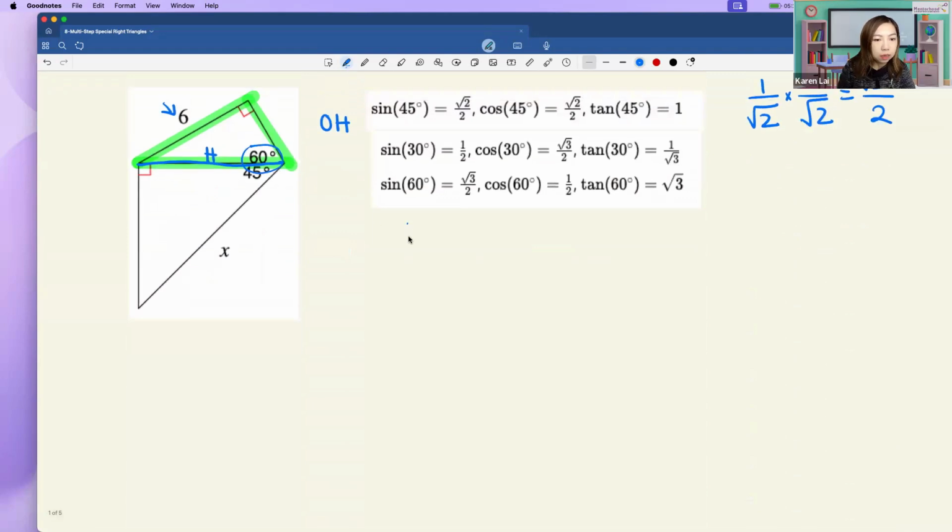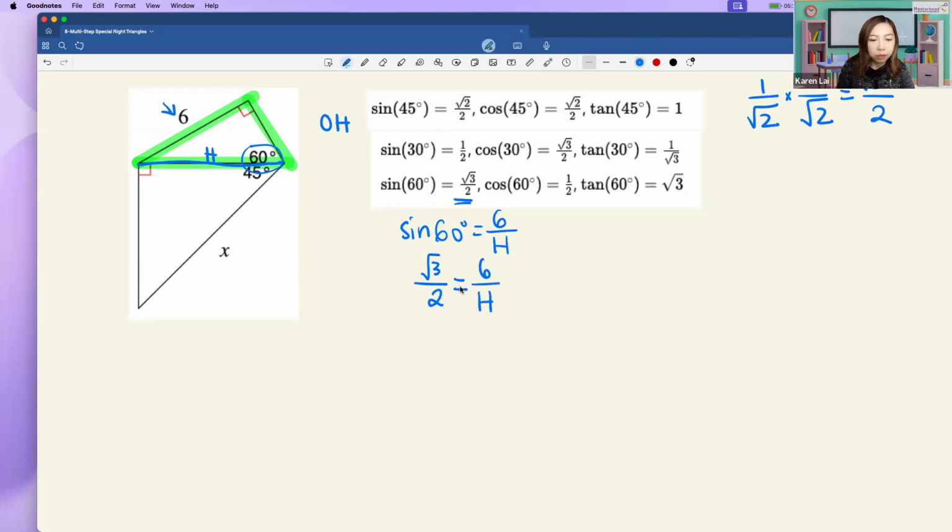Sine 60 will be 6 over H, where our sine 60 is neatly root 3 over 2. So I'm going to replace sine 60 with root 3 over 2, and we would have 6 over H.